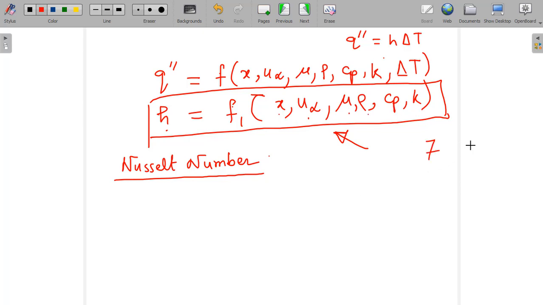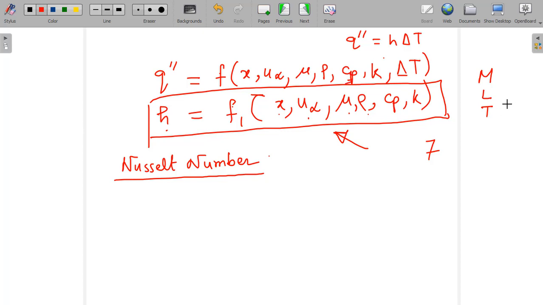How many fundamental dimensions are there? Check. There are fundamental dimensions M, L, T, and in mu, rho, Cp, you will find that temperature is also there.